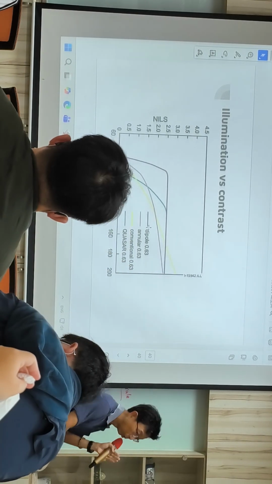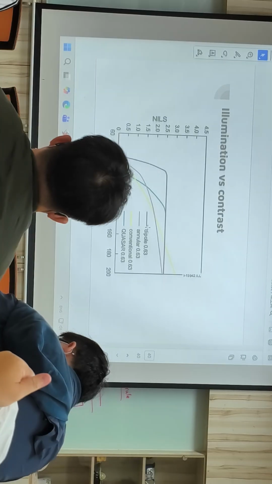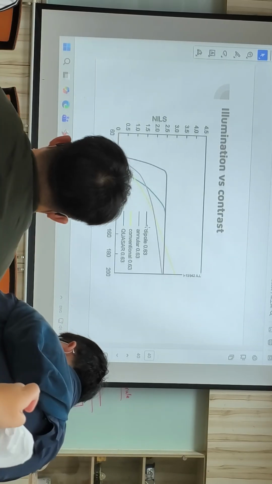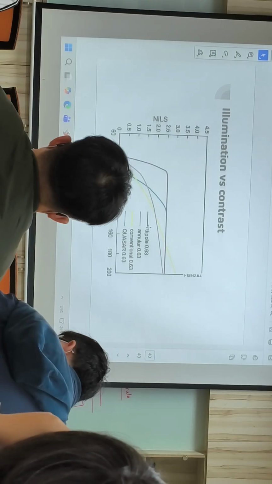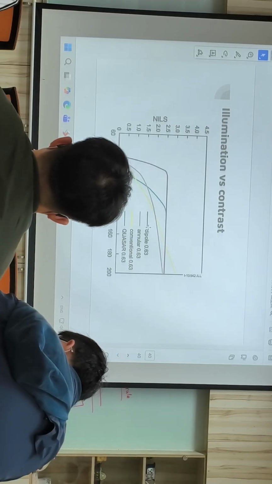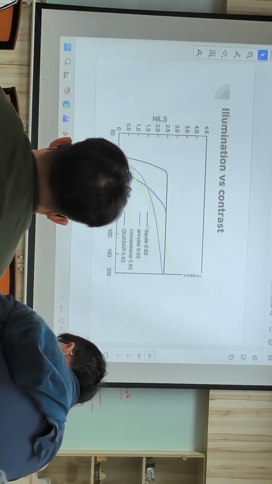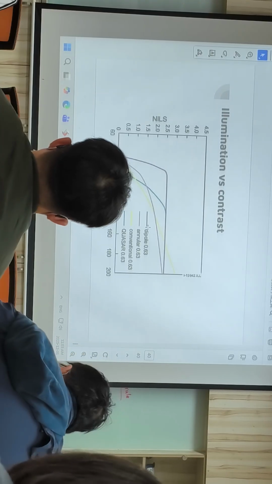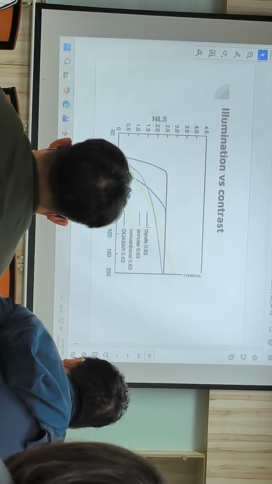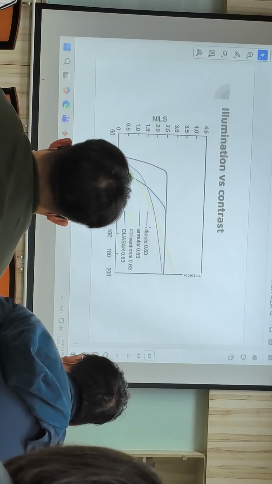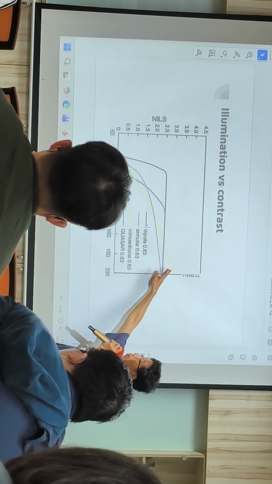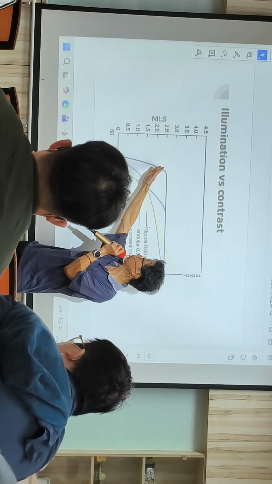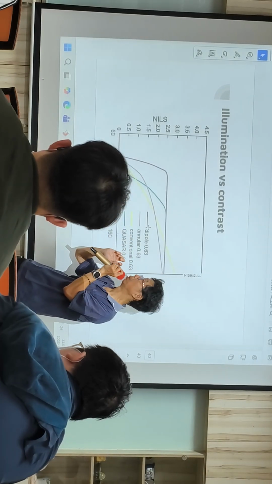So when we always say that dipole is the best choice for illumination, it's not always true. It depends on the resolution you want. This one actually tells you why. At low resolution, you don't necessarily need to go to dipole. Over here, at very high resolution, of course, you go to dipole.